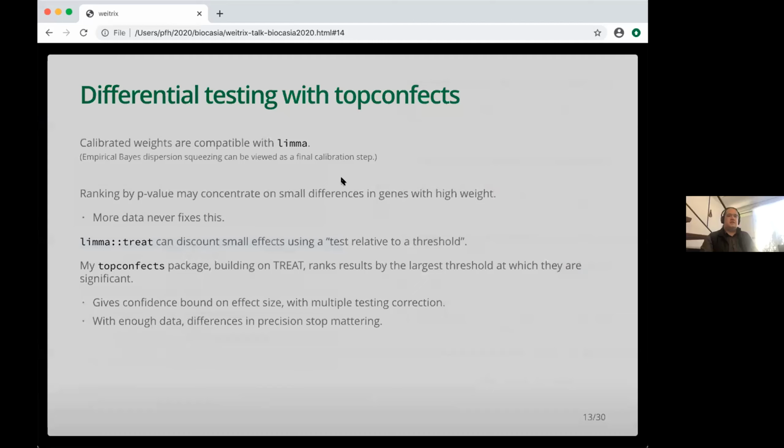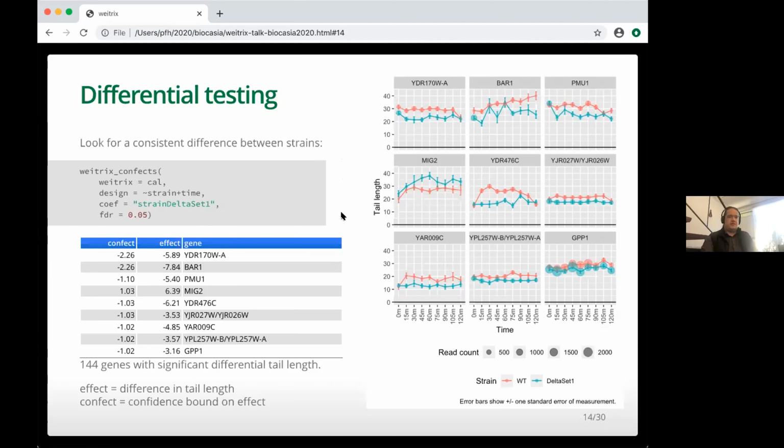Okay, so here's an example of this in action with this package. It's basically got its own implementation of this technique. With this data set, it's a bit awkward to come up with differential tests because there's no replicates, but we can look for differences between the strains.